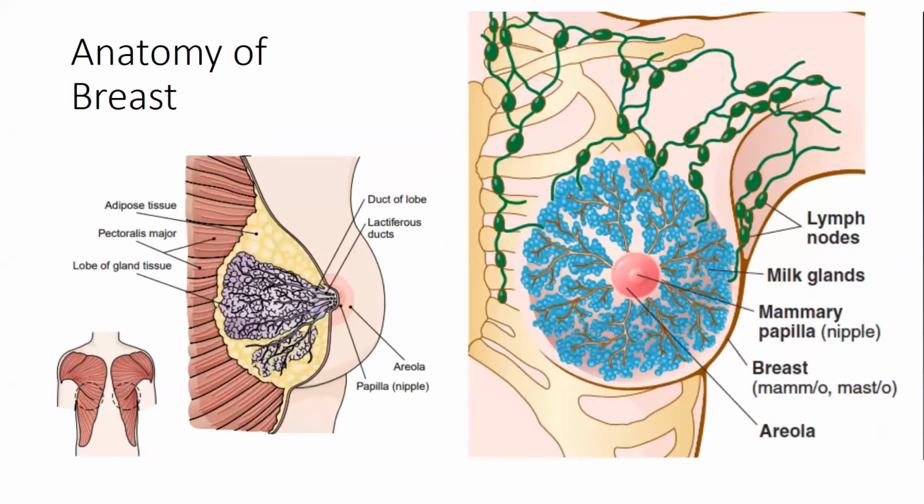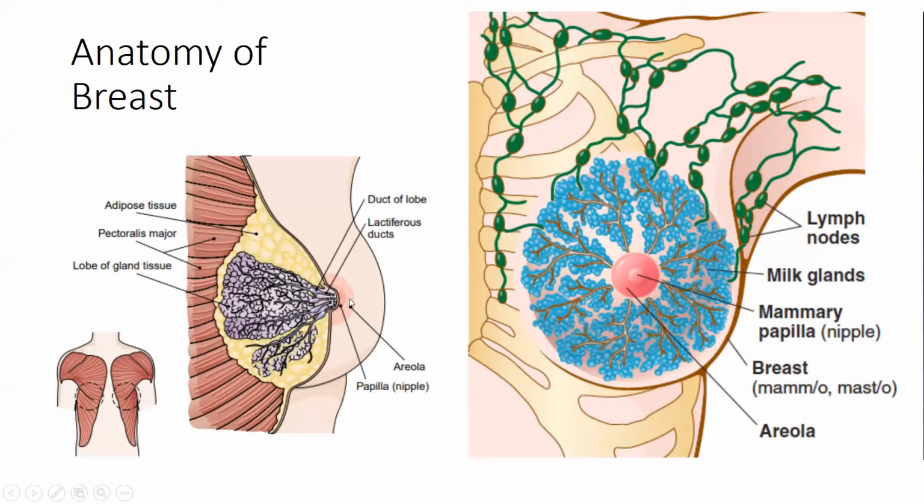Let us go further. In our reproductive system, another important organ is the breast. In females, we have developed a breast on the front of our region that we call the thorax. So we have a strong muscle over here and then skin and fascia. In this fascia, we have the development of the breast.